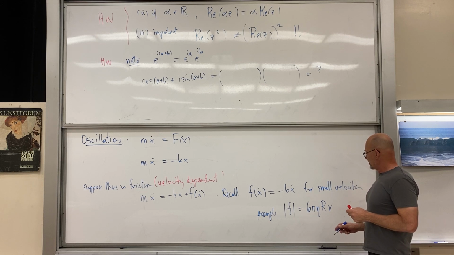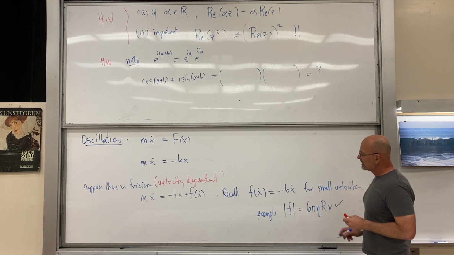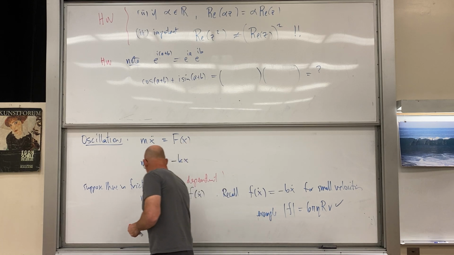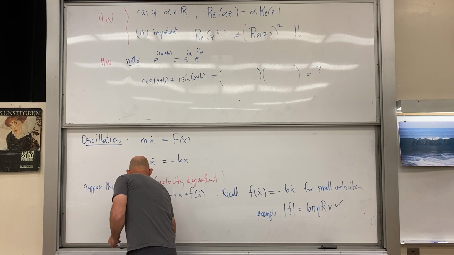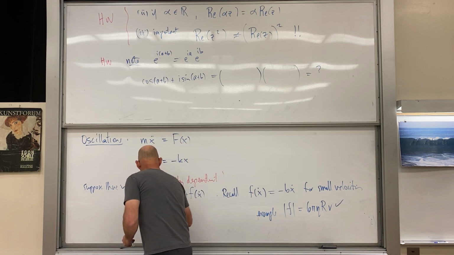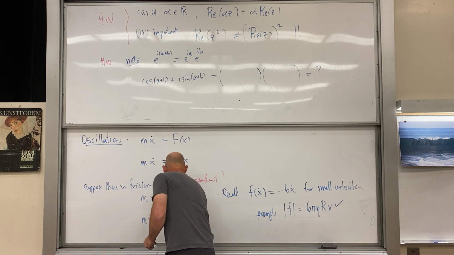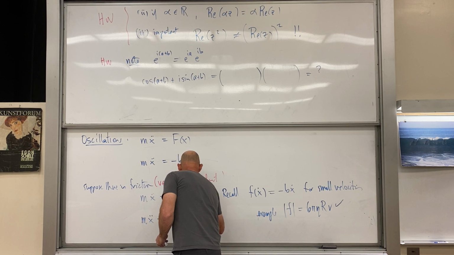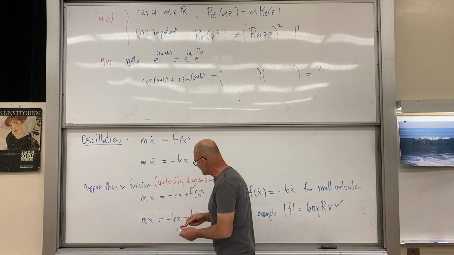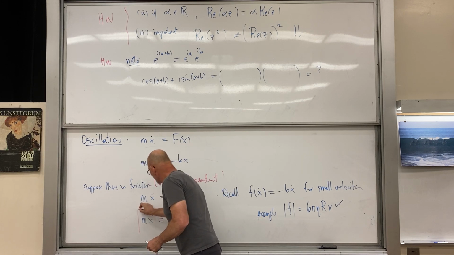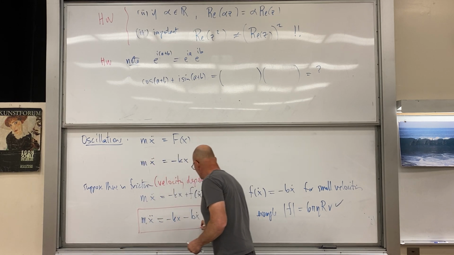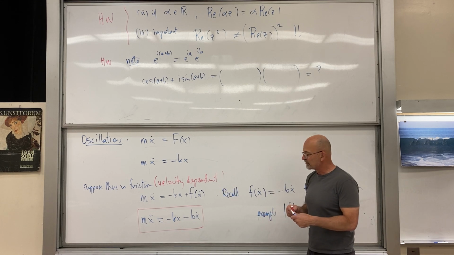Okay. So there's an example, and that means our new differential equation is m x double dot equals minus kx minus b times x dot. So this is going to be the damped oscillation. So there is now friction.